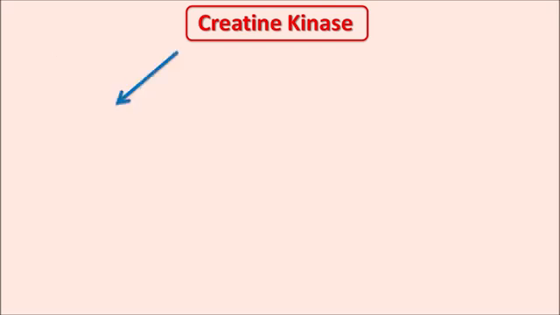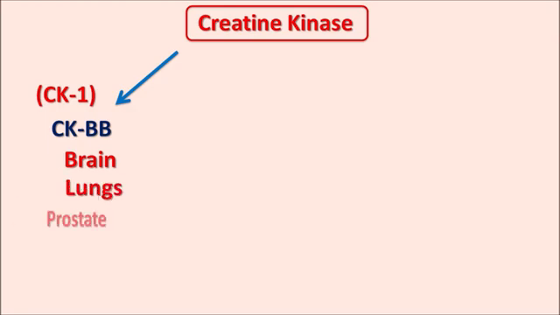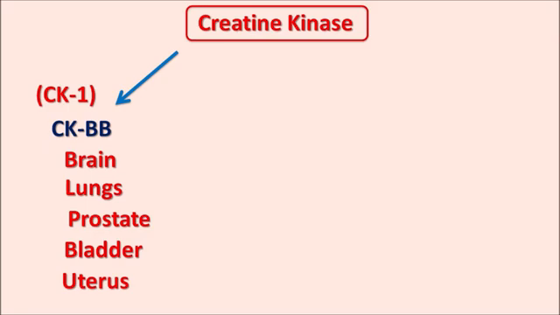One form of creatine kinase is CKBB, which is also called the CK1 form. This enzyme is more abundant in the brain along with other tissues such as lungs, prostate tissue, bladder, uterus, and even thyroid glands. In all these, the CK1 isoform is present. Similarly, the second isoform is CKMB, which is also called the CK2 isoform.